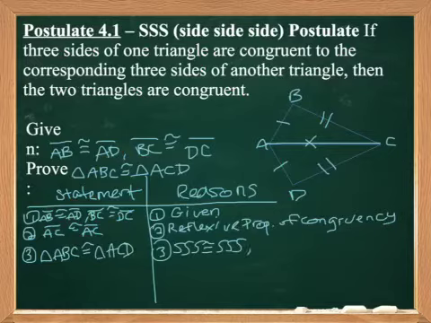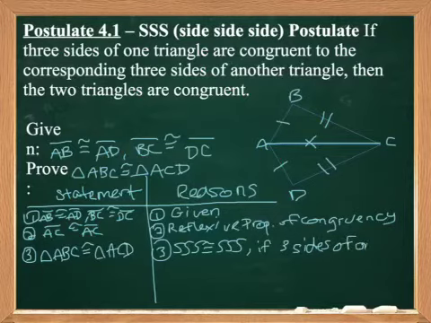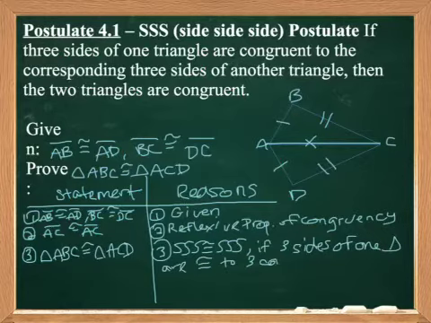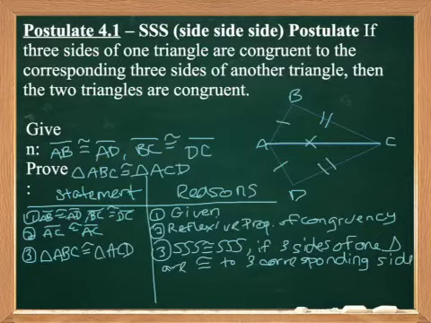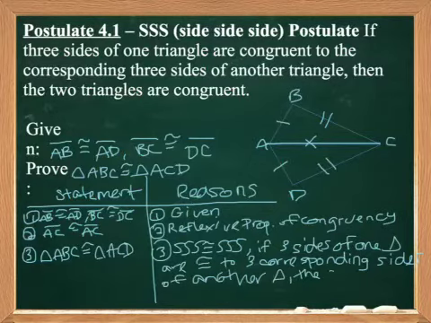And just to sum it up, if three sides of one triangle are congruent to three corresponding sides of another triangle, the two triangles are congruent. That would be the end of our proof.